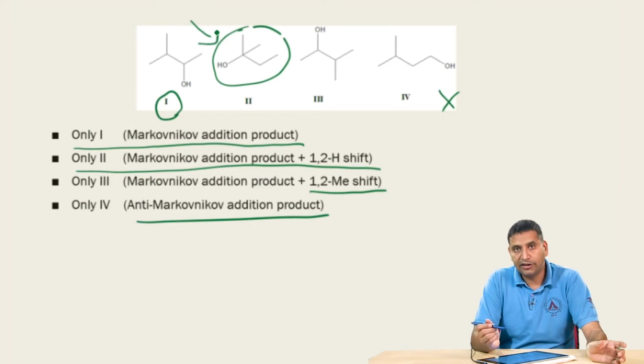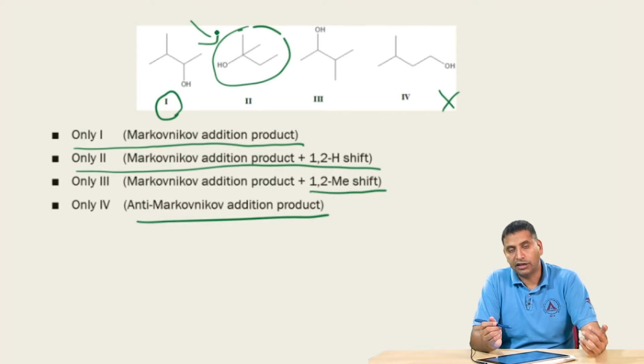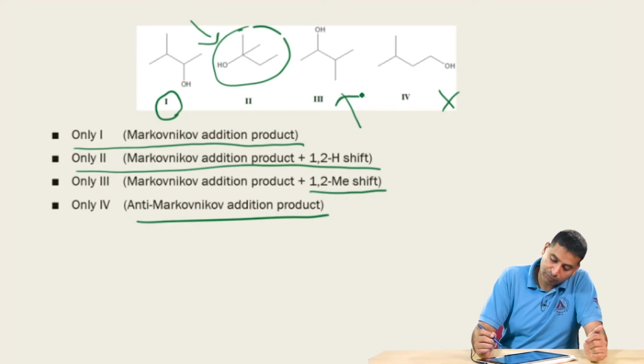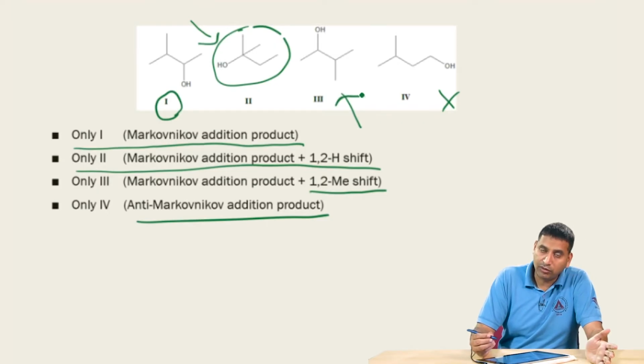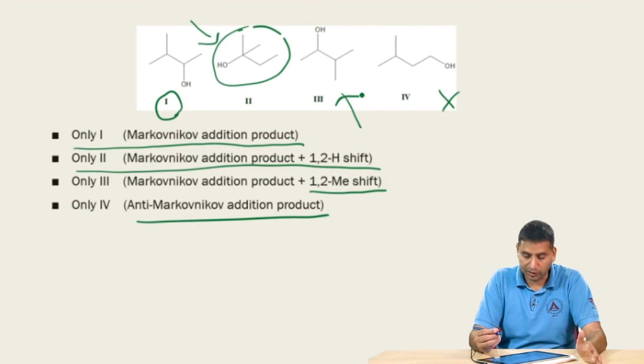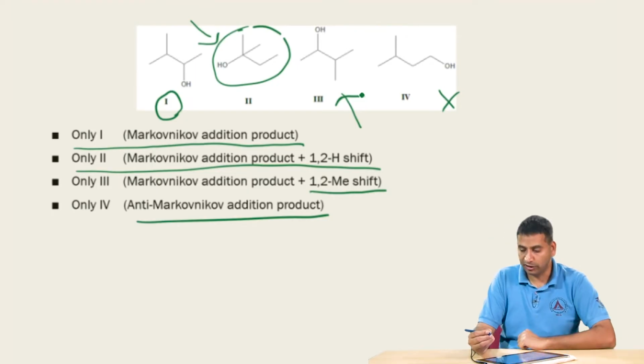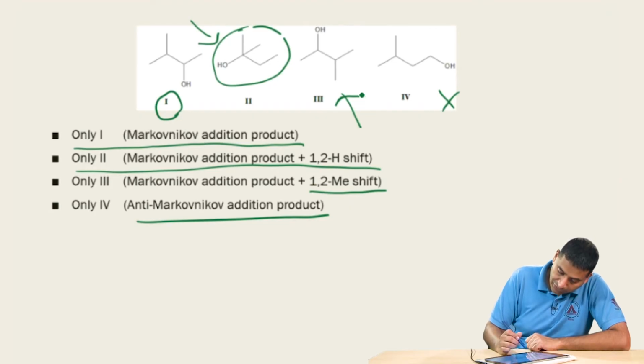Now, between a hydride shift and a methyl shift, one would argue that a hydride shift is more facile. Second thing is that the hydride shift actually gives you a tertiary carbocation, whereas in the case of product 3, you would end up with a secondary carbocation going to a secondary carbocation. So, just to understand that better, let me explain it in the following way. Product 3 would be formed if you had a carbocation over here.